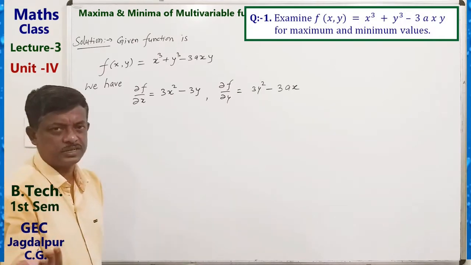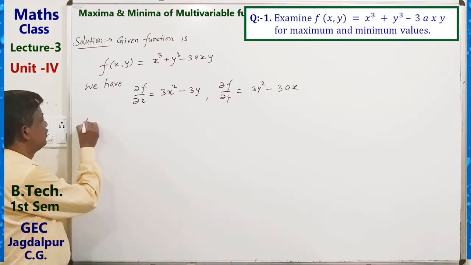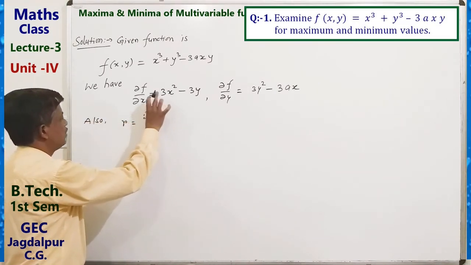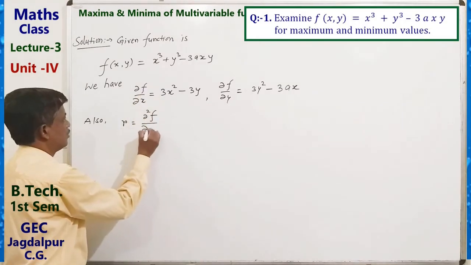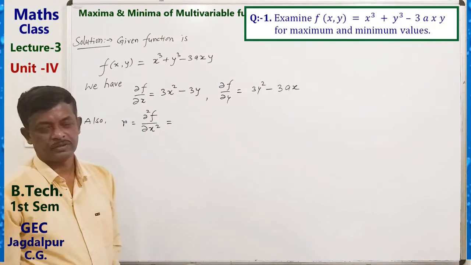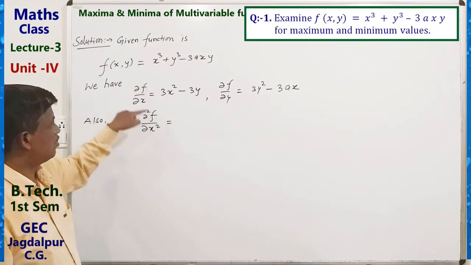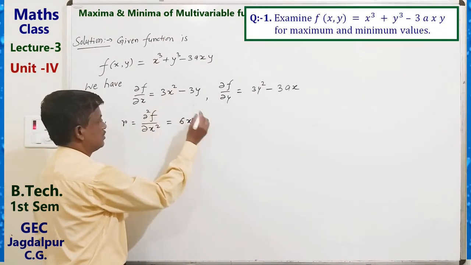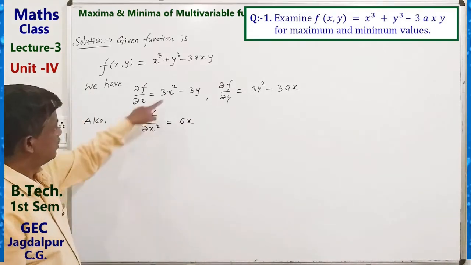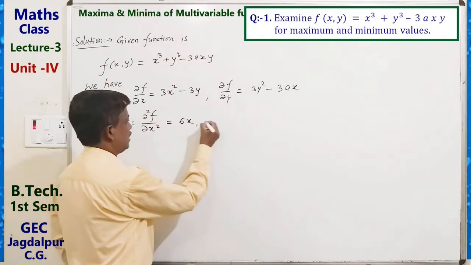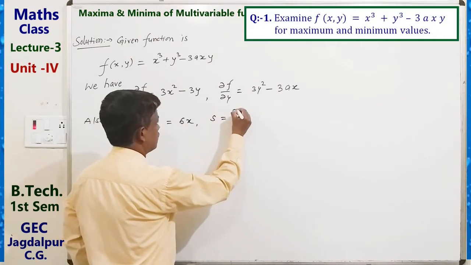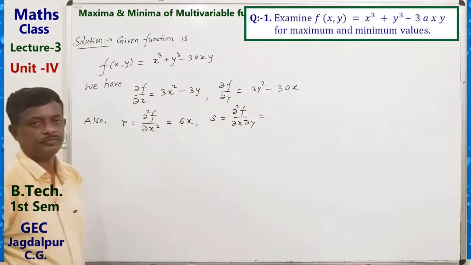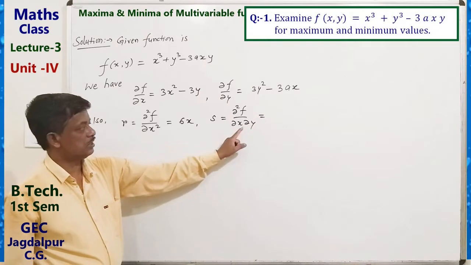Similarly, we require r, s, t, so solve also. R equals del 2f by del x square. R means second order derivative: 6x with respect to x, 6x only. The other term is constant, 0 for x. S is del 2f upon del x del y. You can differentiate in any order, so first with respect to y and then x.